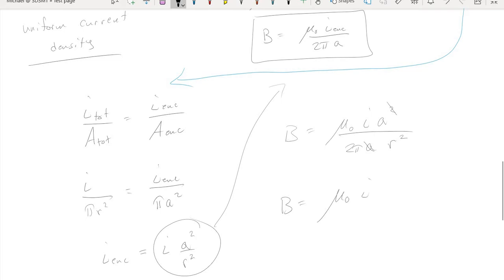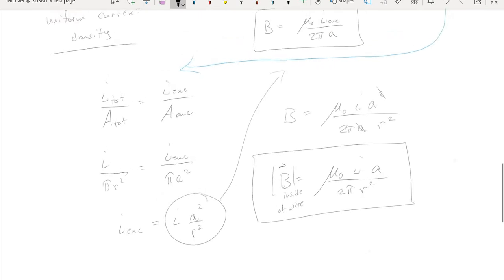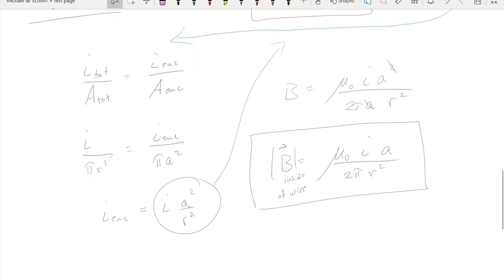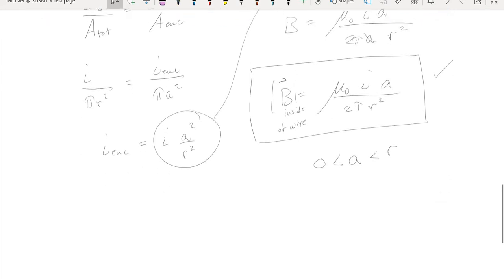So we get mu naught I a over 2 pi r squared. And this is going to be the magnetic field magnitude inside of a wire that is carrying current. As long as a is greater than 0 and less than R, this is a valid expression.